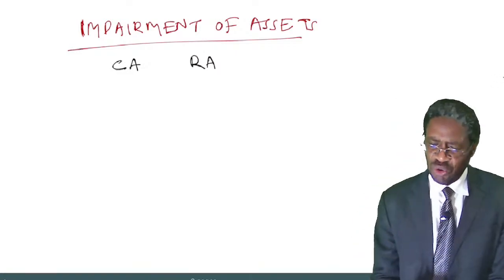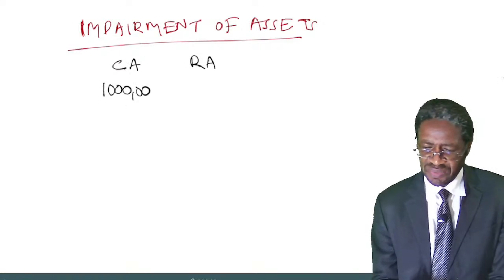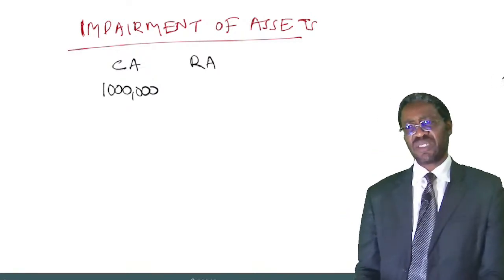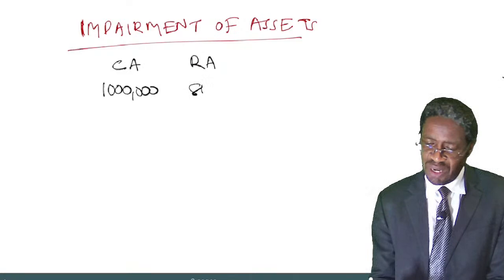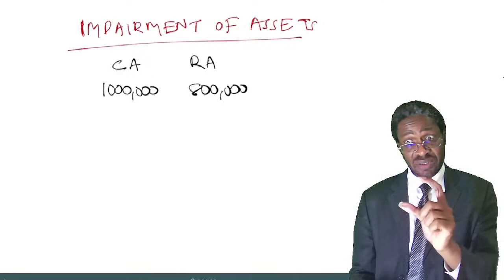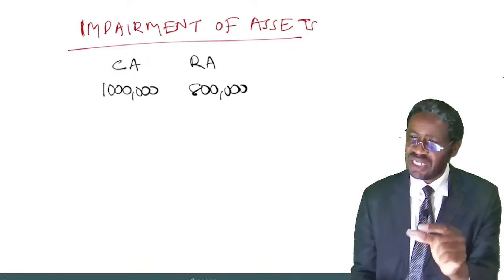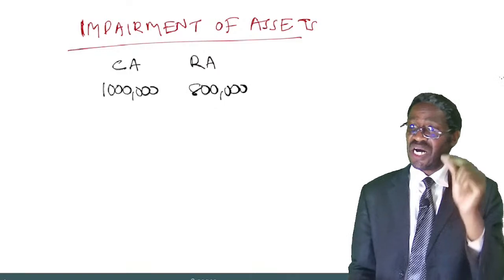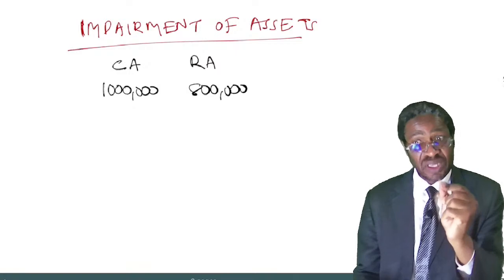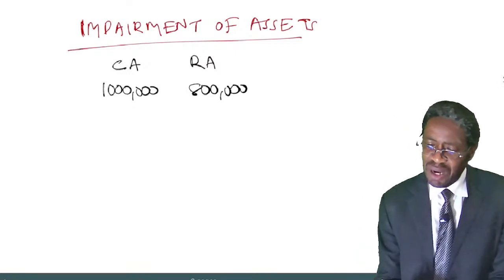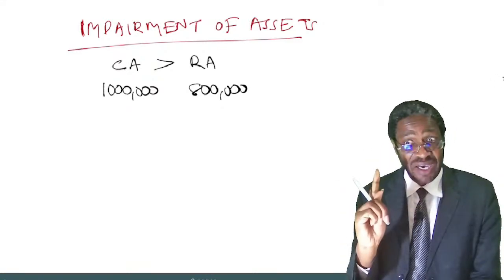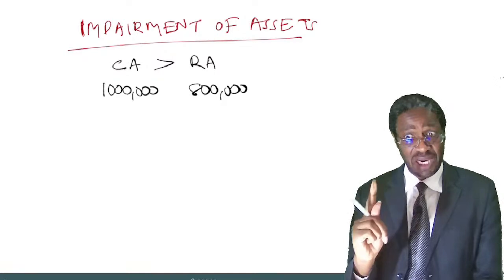Assuming the carrying amount of your asset is 1 million, and when you calculate the recoverable amount of that asset, you find that it is 800,000. Now listen, an asset is said to have suffered an impairment loss if the carrying amount of the asset is higher than its recoverable amount.